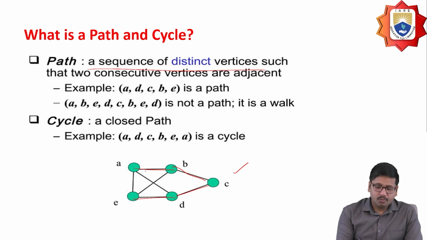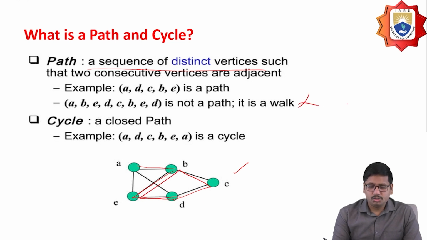And A, B, E, D, C, B, again E, D, this is not a path, this is a walk. That is the difference between a path and a walk.